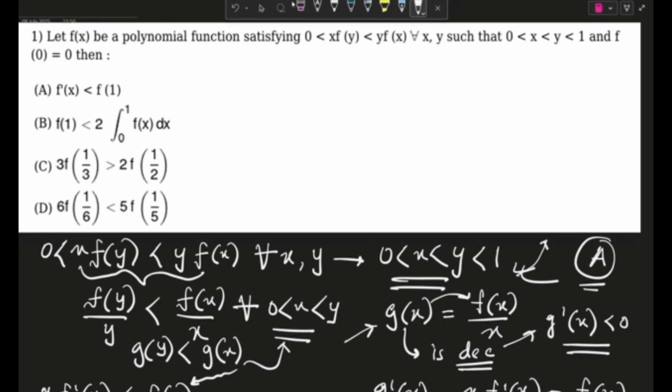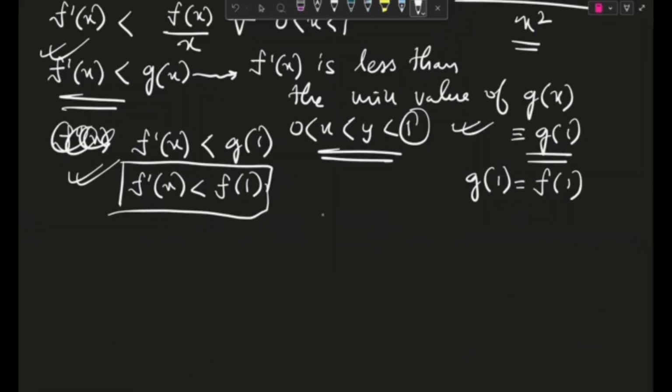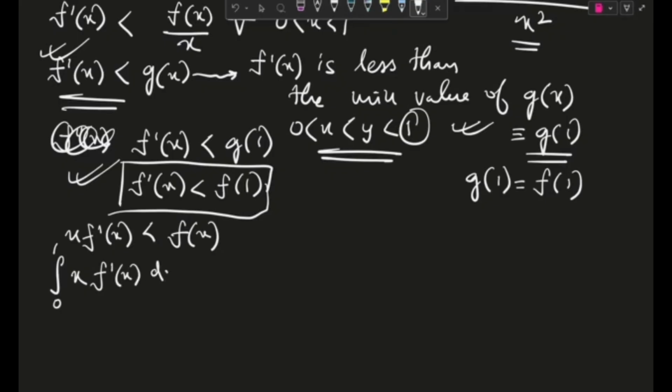Let's do that quickly. So basically we had the inequality with us as x times f dash x is less than your f of x. So now what we can do is, I will integrate this on both sides from 0 to 1, because in the option we had that, right? So integral 0 to 1 x f dash x dx is less than your integral 0 to 1 f of x dx.